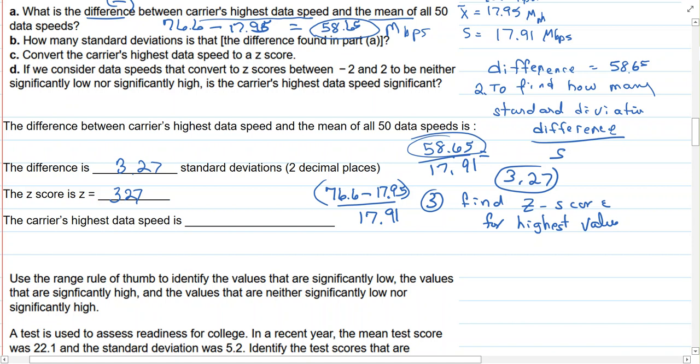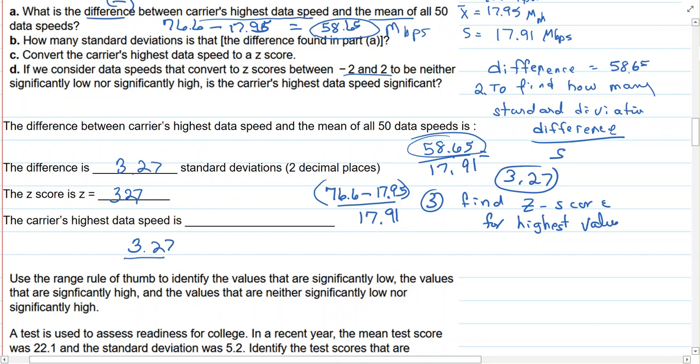So the carrier's highest data speed is, and in this case, is it significantly high? Is it not significantly high? So one of the two. Well, let's look at it. We're comparing 3.27, and we want between -2 and 2.